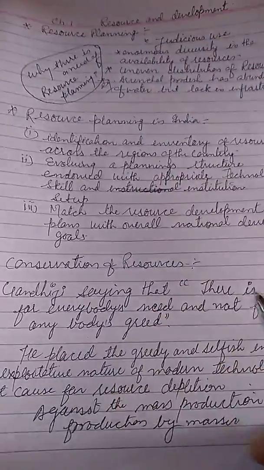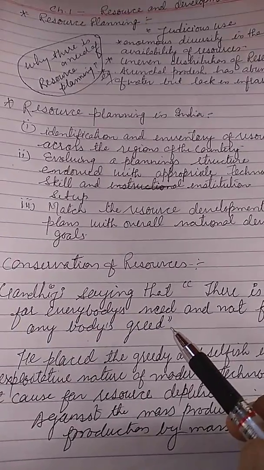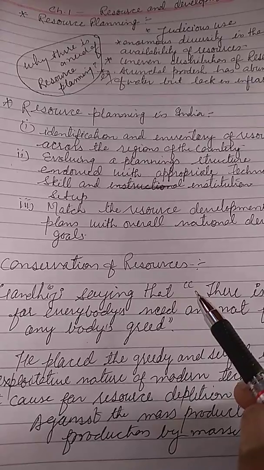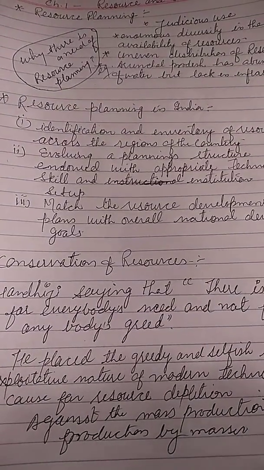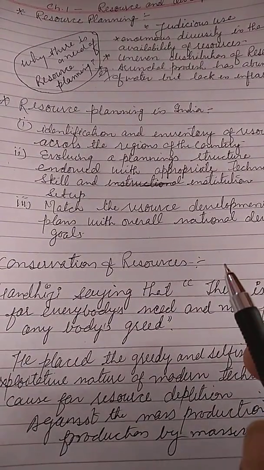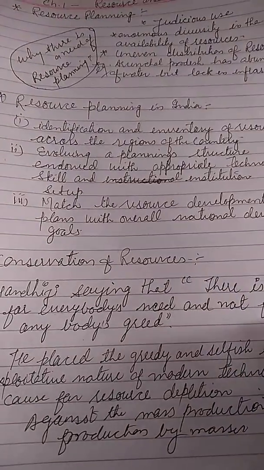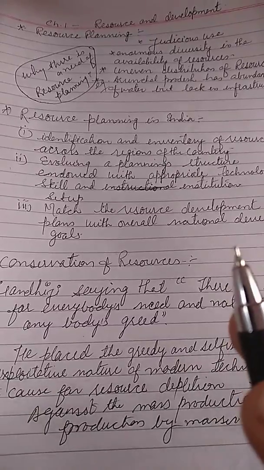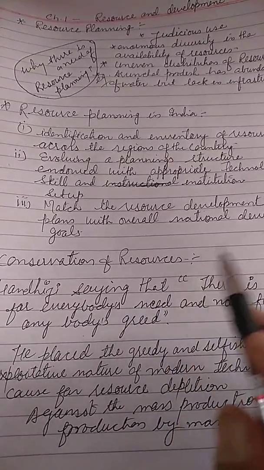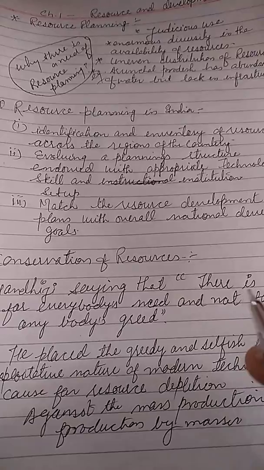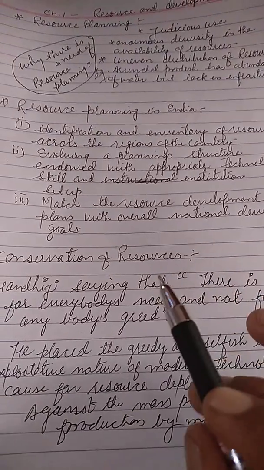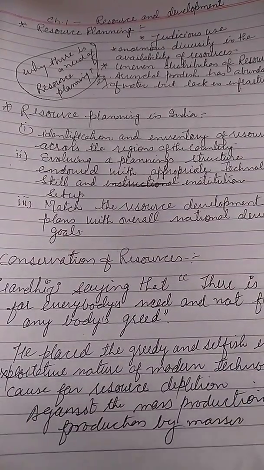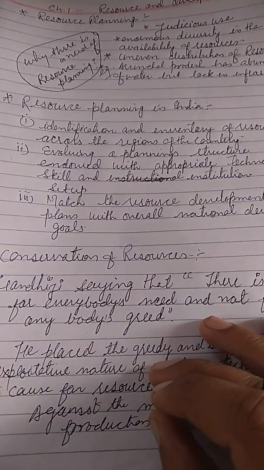Next is conservation of resources. Conservation is important because resources are limited in number, and we have to conserve them for coming generations. Resources were also exploited from earlier times, during the colonial period. Resources were greatly exploited from India, which is why there is a scarcity of many minerals in our country.